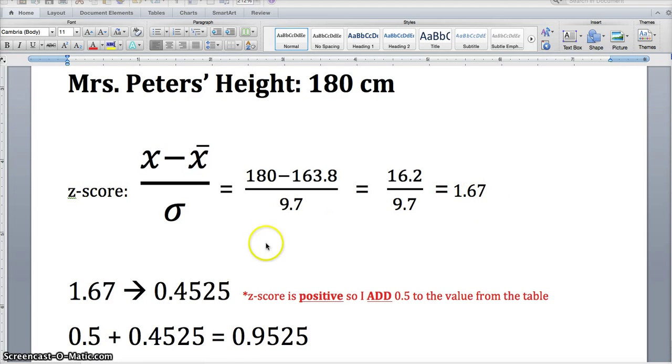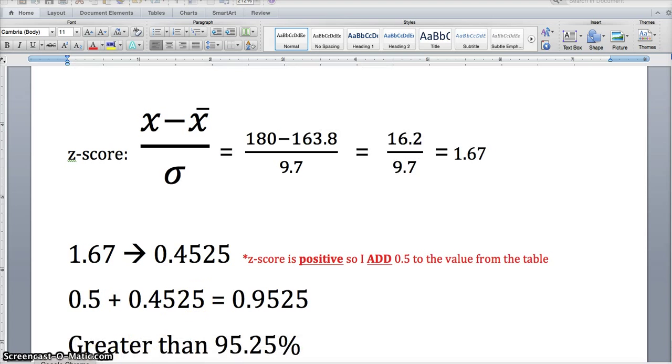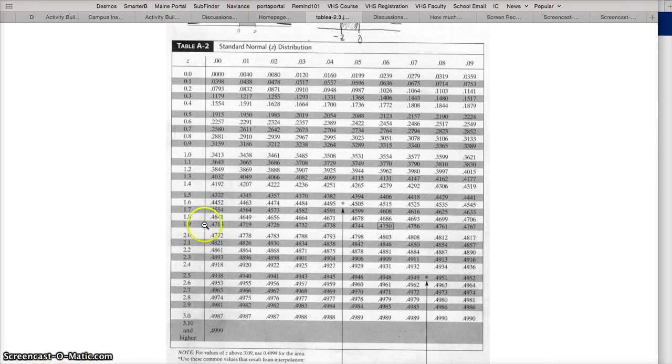So now I have to go and look up that z-score. So I go to my z-score table and I find 1.6 and I'm looking for 7 right here. 1.67. So see the 7 is right here. So 1.67 is 0.4525.